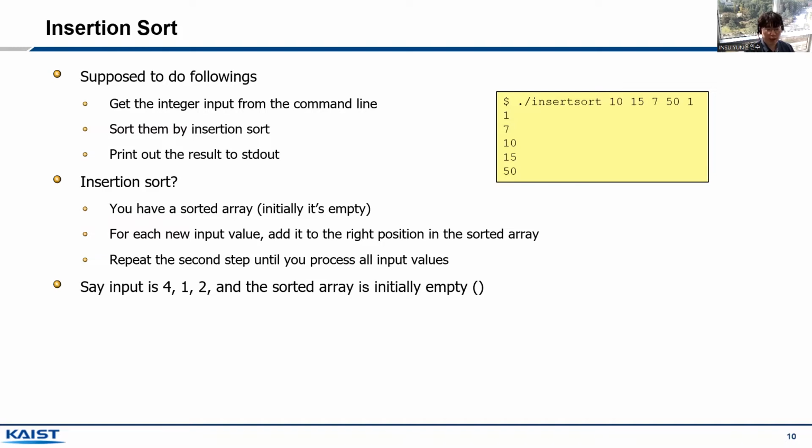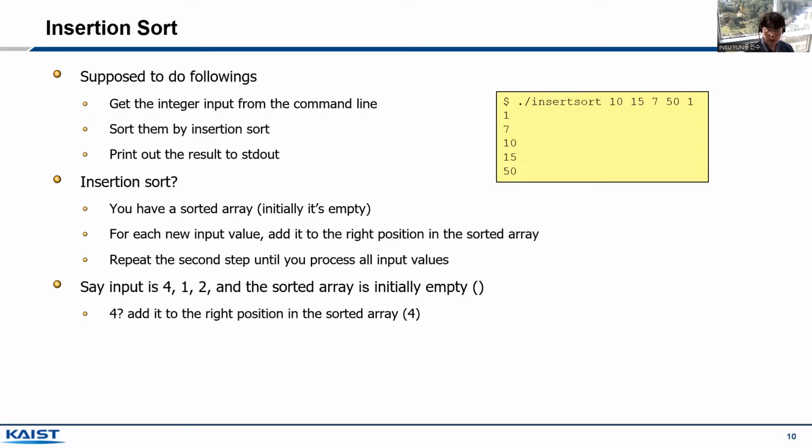So let me give you an example. Say we have input 4, 1, 2, and initially the sorted array is empty. Then we want to add a 4, and we want to add it to the right position in this sorted array.